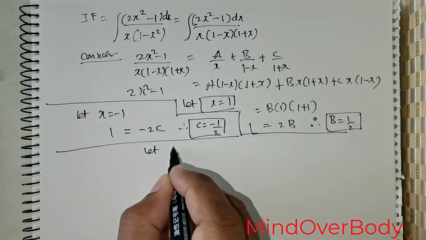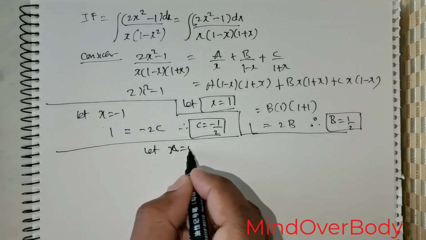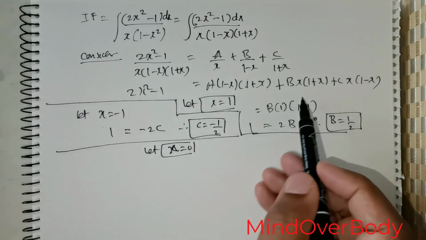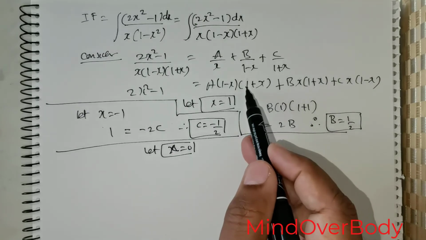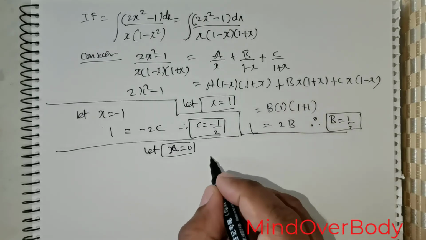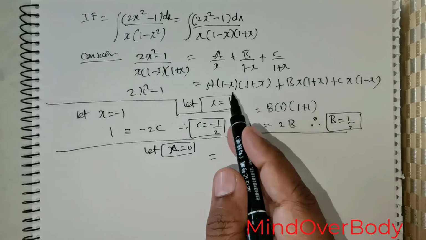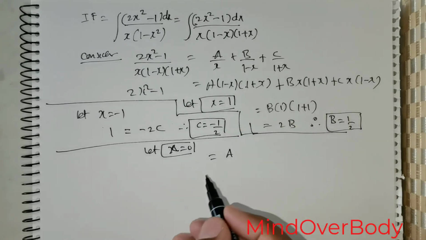Now I take x equal to 0. The other terms go off, which gives me −1 on the left, and a times 1 on the right. So that's fine.